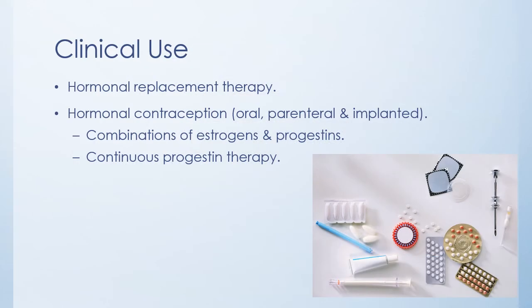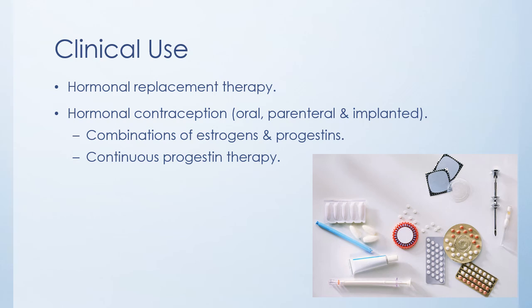Right, so I've talked about the hormone replacement therapy previously, and hormonal contraception is you using those hormones. We play around and we alter the ability for one to get pregnant, so we prevent pregnancy. We use the hormones, but we play around with the menstrual cycle.